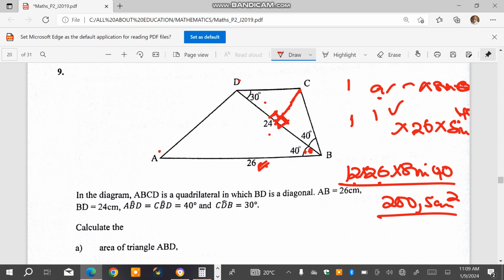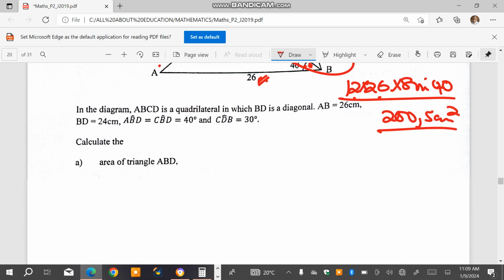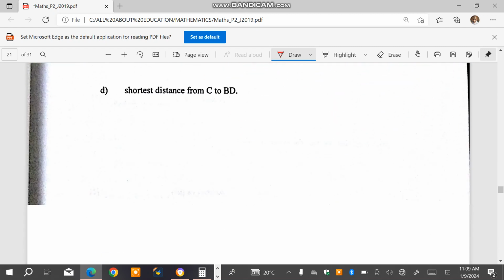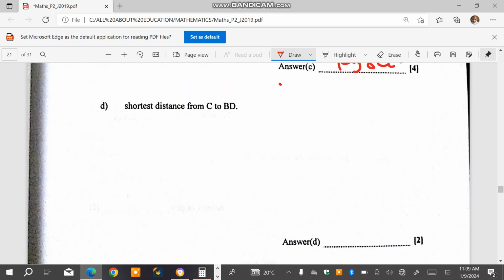Okay, so in this I redraw this part only. Alright, this is D, this is B, this is C. So from C to BD, it meets at 90 degrees. So here we have 24 and here we have 40 and here we have 30.